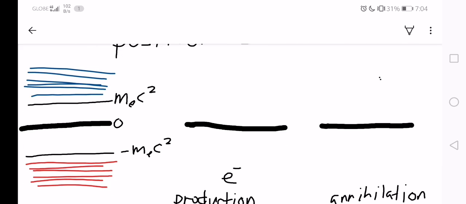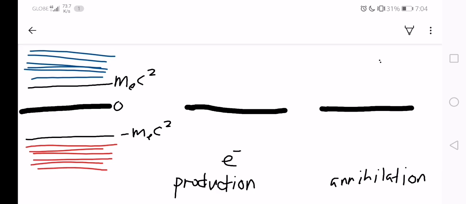So what do we mean by negative energy states? Here in the leftmost figure, we have a figure that gives the allowed energies for an electron. In this line, we have an energy corresponding to the rest mass energy of an electron, m_e c squared, and then so on, following the allowed energies.